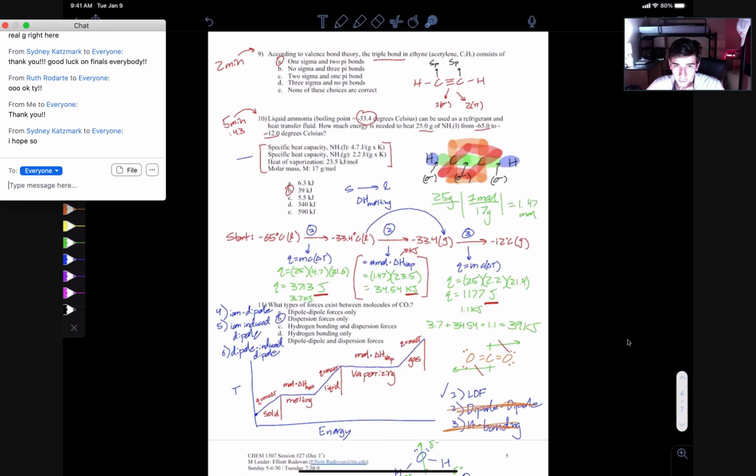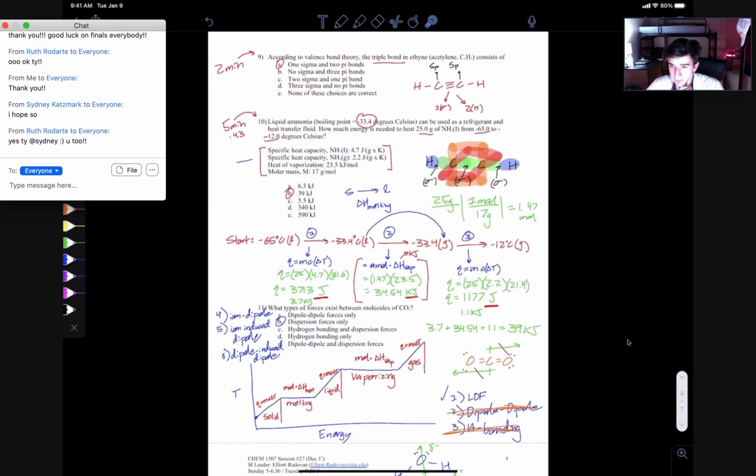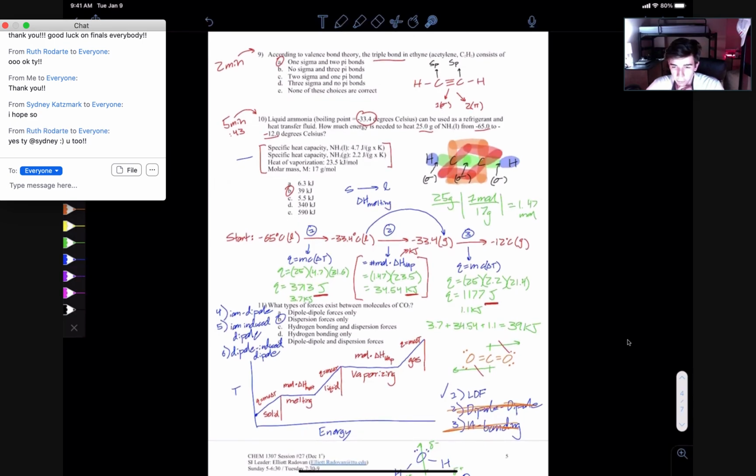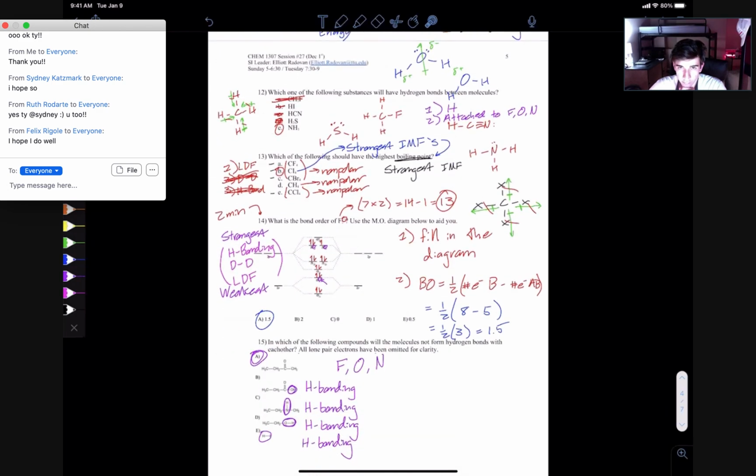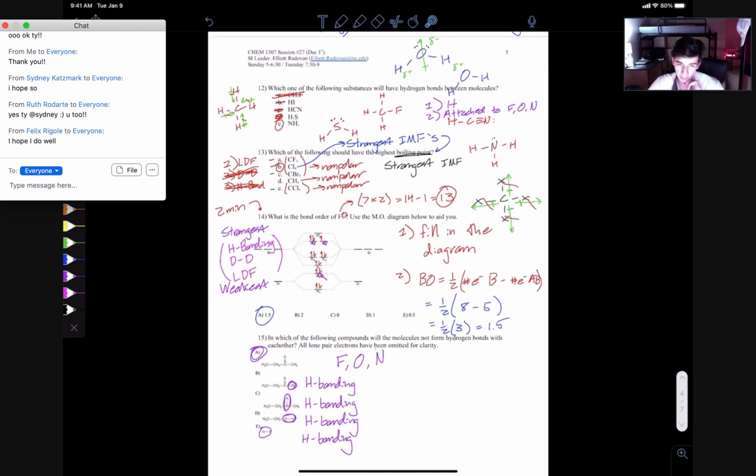A couple more seconds on this page and then I'll move to the next. All right. And then this was the last page.